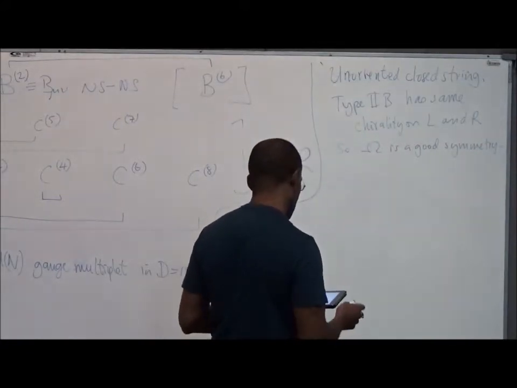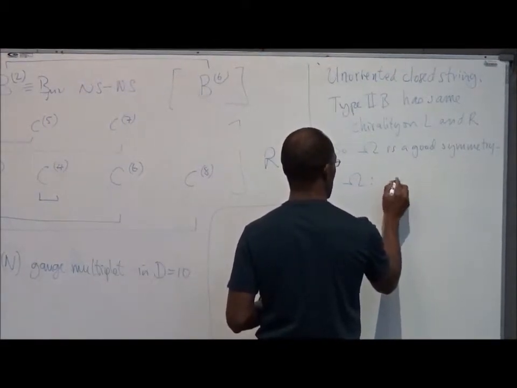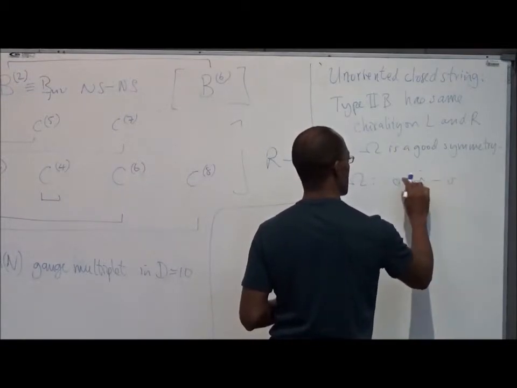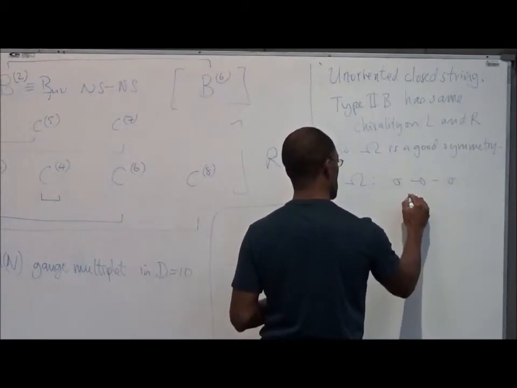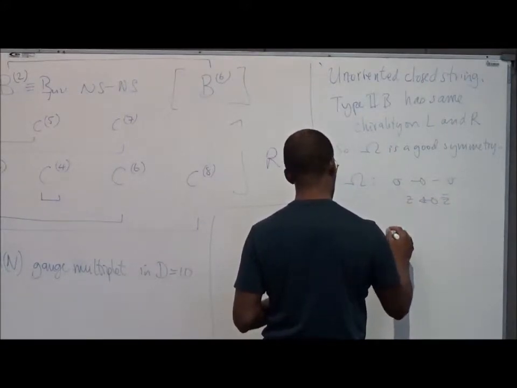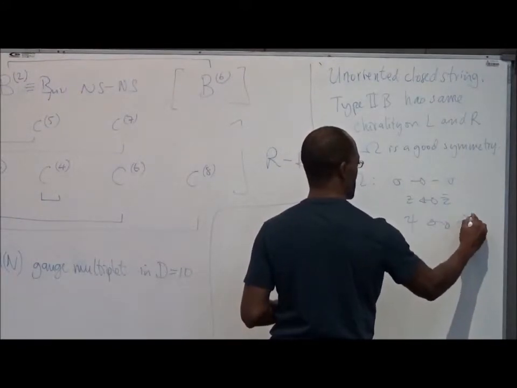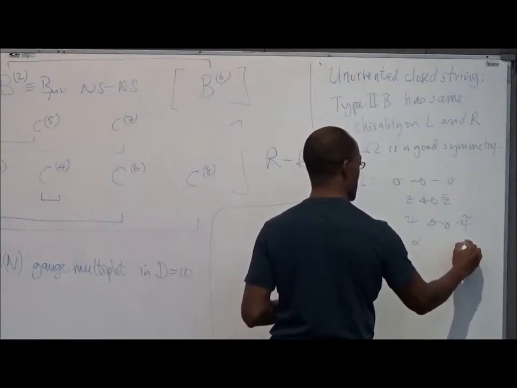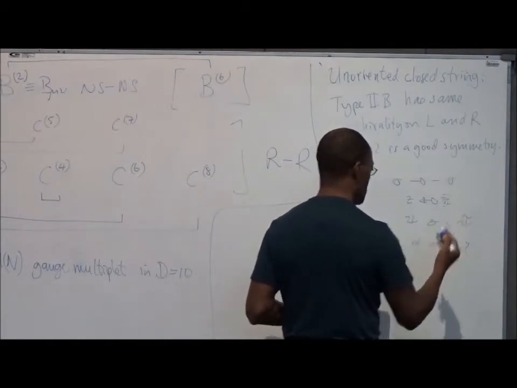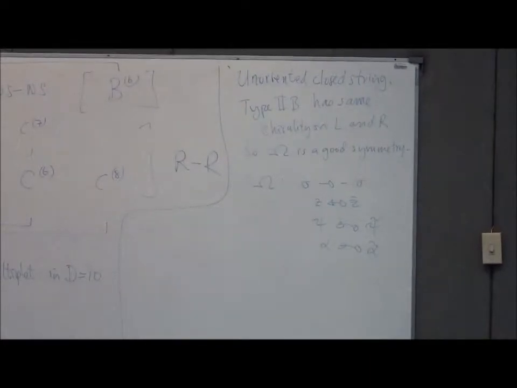The way to do it, if you wanted to go through and look at the spectrum, is sigma goes to minus sigma, or z goes to z bar. And basically, untilded goes to tilded, and vice versa. You have those independent left and right moving sectors. Okay, so we can do this.